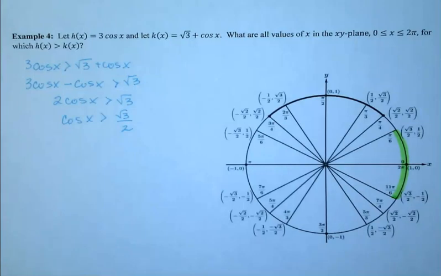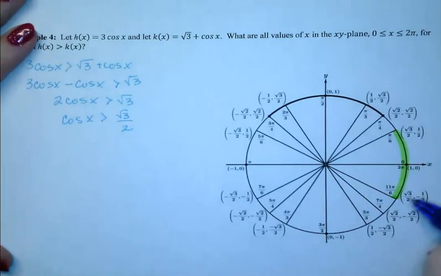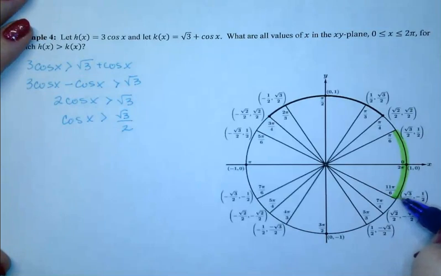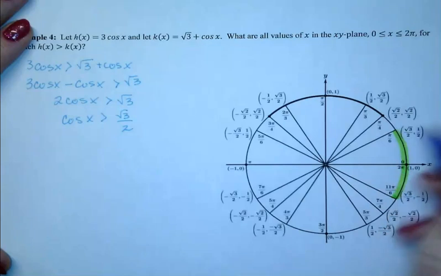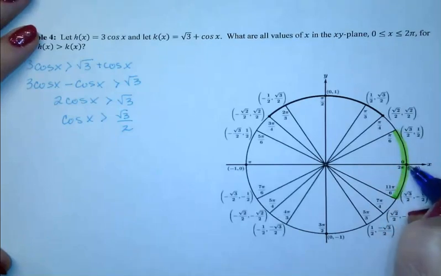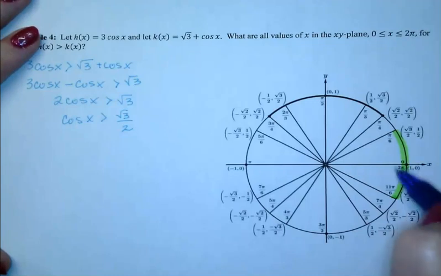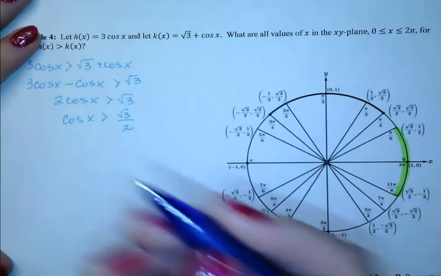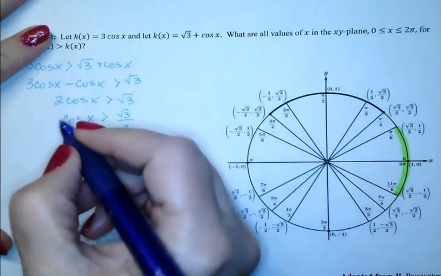So this one is a little different in how we're going to write the solution, but we're going to break it up and we're going to go from 0 to pi over 6, and then we're going to go from 11 pi over 6 to 2 pi, right? Because remember, it's including both 0 and 2 pi.